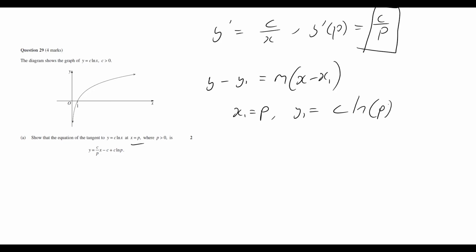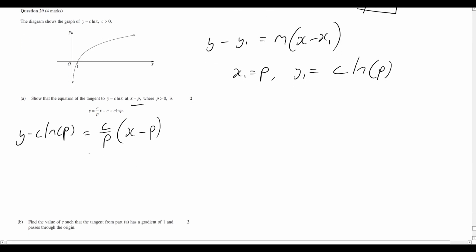Okay, so now putting all this data into our point gradient formula, we see that y minus y1, which is c ln of p, is equal to m, which is now c over p, times x minus x1, which is now p. So what I think we need to do here is quickly expand those brackets, and we'll add the c ln p to both sides as well.